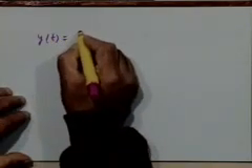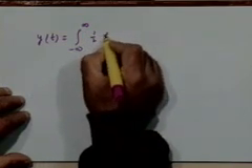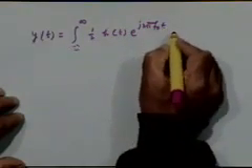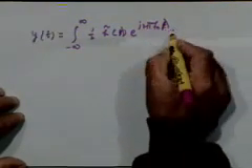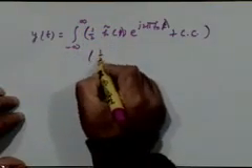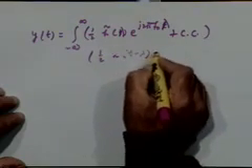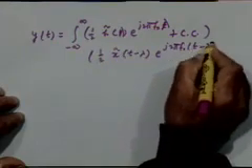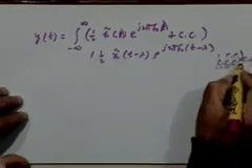So y of t is, I will substitute for half h tilde lambda e to the power j 2 pi f naught lambda plus its complex conjugate, into half x tilde t minus lambda e to the power j 2 pi f naught t minus lambda plus the complex conjugate of this, into d lambda.